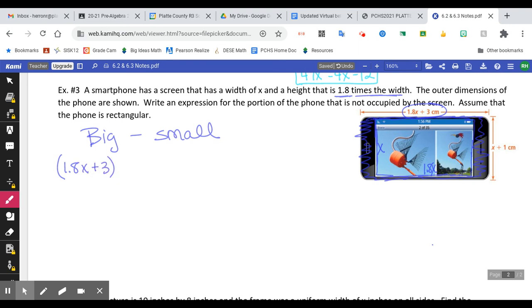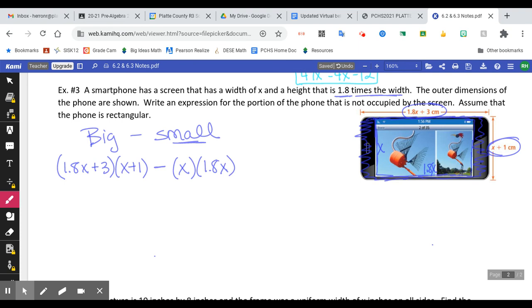The centimeters is just the label, so don't worry about that. Times the width, x plus 1, minus the small area, length times width. So again, x times 1.8x.